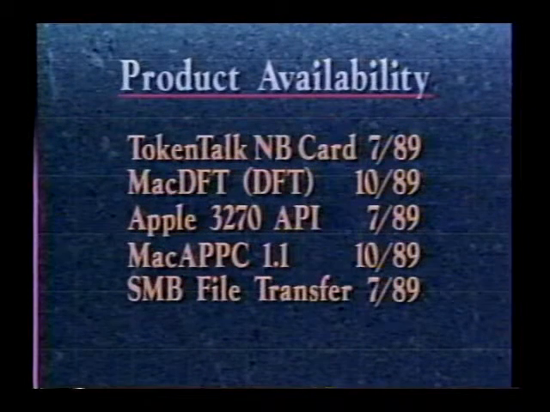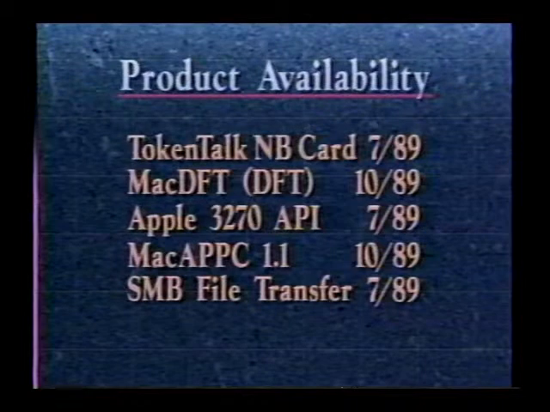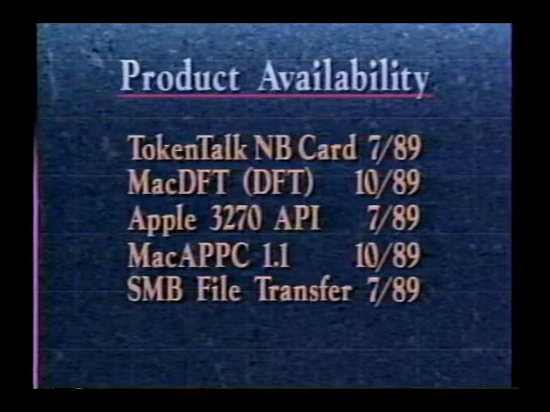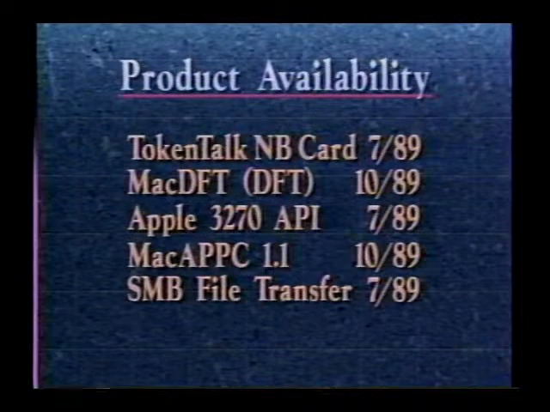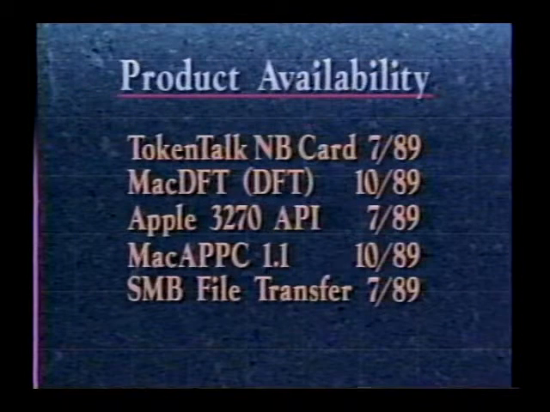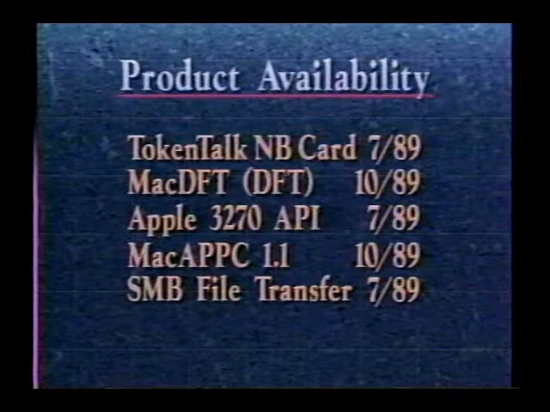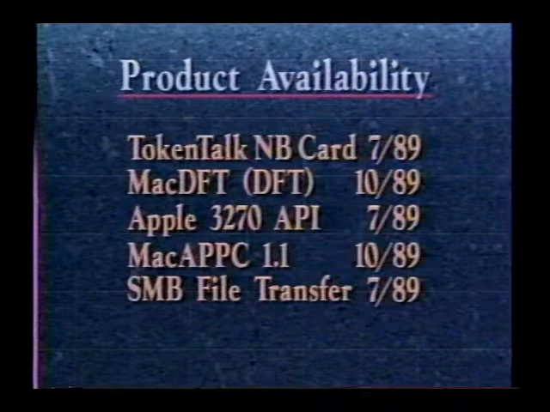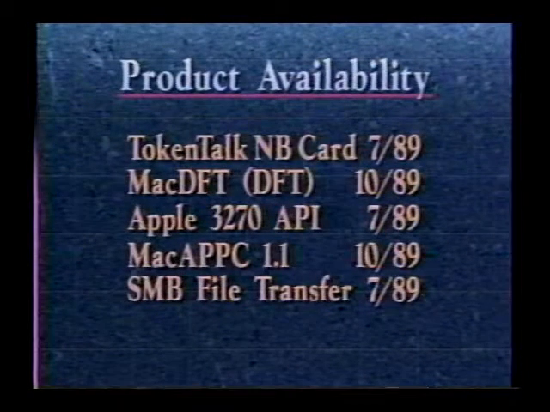TokenTalk NB card will be available next month in July. It will not support the full 3270 DFT functionality until October, when we ship the DFT functionality. The API will also be supported on the TokenTalk NB card. Mac APPC 1.1, which will run on the serial NB card as well as TokenTalk NB, will be available in about the same time frame in October of this year.